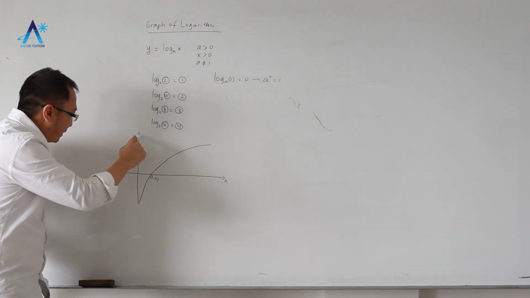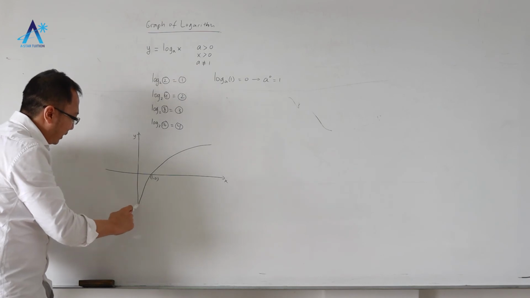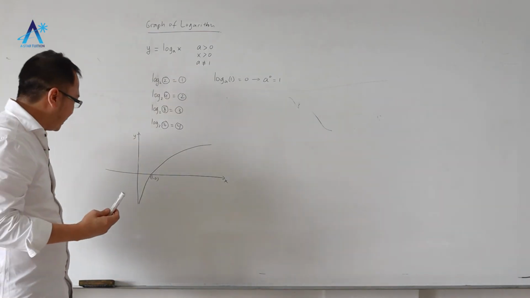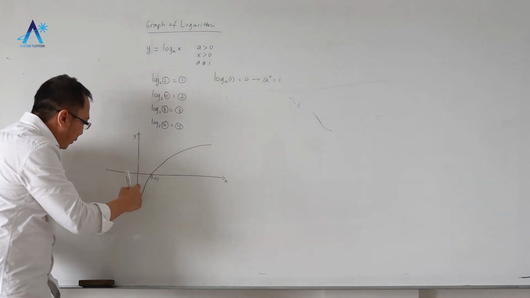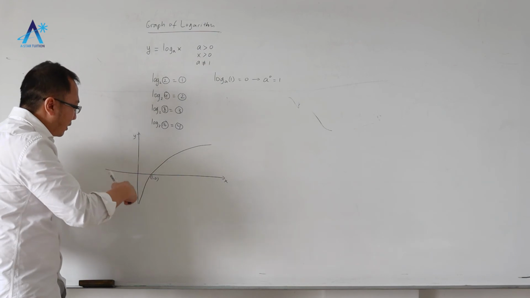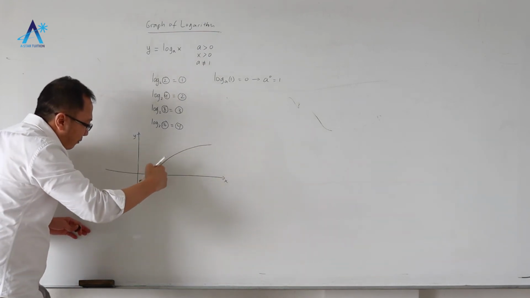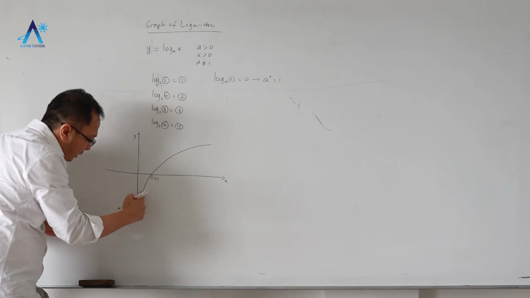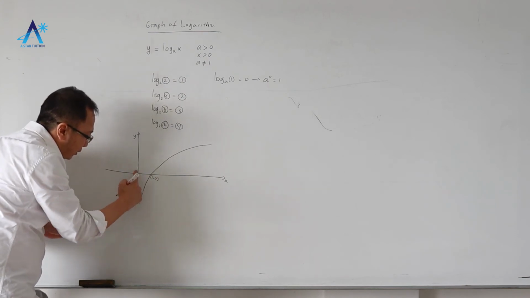Now, this line right here is called the vertical asymptote. Okay, what is the definition of vertical asymptote? It is the x value when y is approaching either positive or negative infinity. In this graph, the y value is approaching negative infinity, and therefore this x is equal to 0.